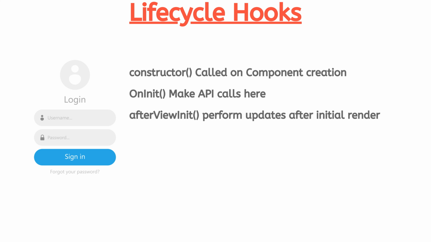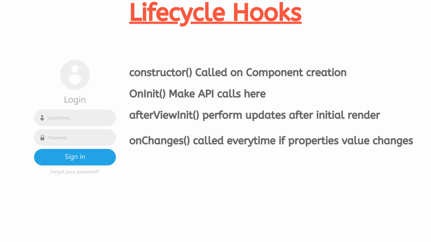The next one is ng on changes. The ng on changes is going to be triggered every time there is a change in the input properties of the component. So any sort of change that is added will be called. If you see in this example, username and password.